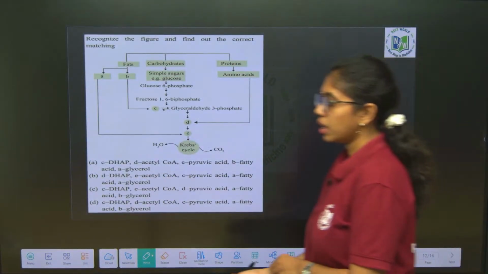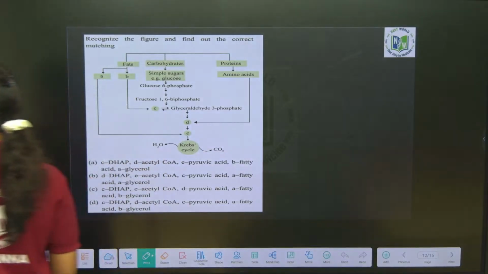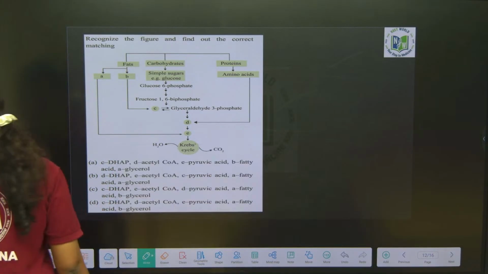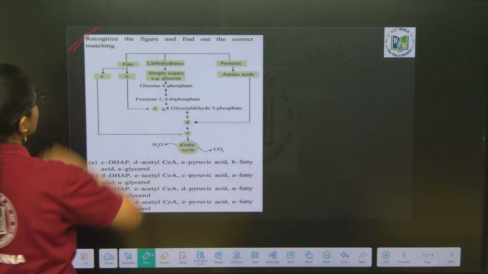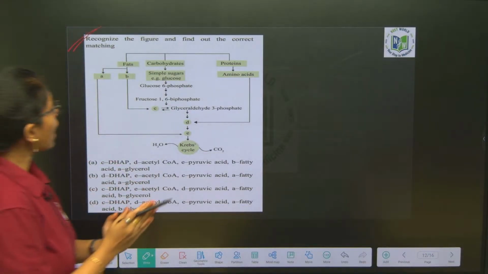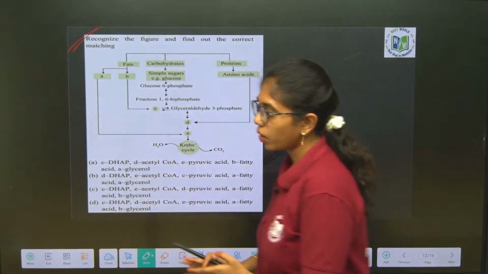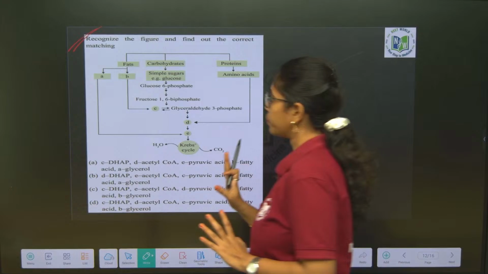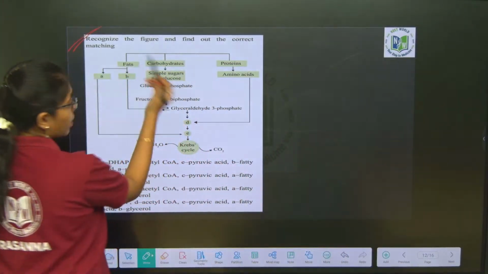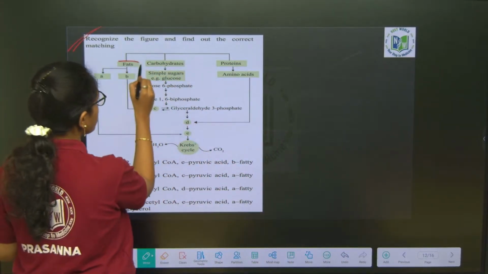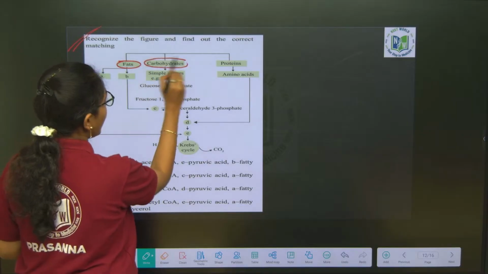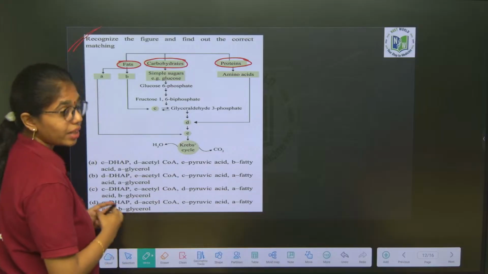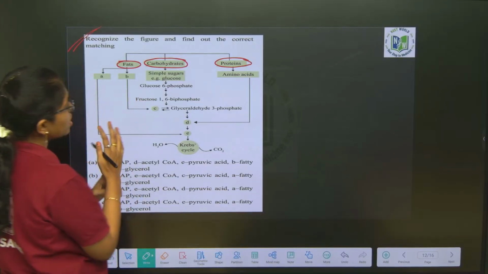Next question, recognize. This question you see is very simple, recognize the figure and find out the correct matching. This is from your direct chart of NCERT on the amphibolic pathway. Look here, we have 3 respiratory substrates: fats, carbohydrates, proteins. Fats, we have 2, fatty acids and glycerol.